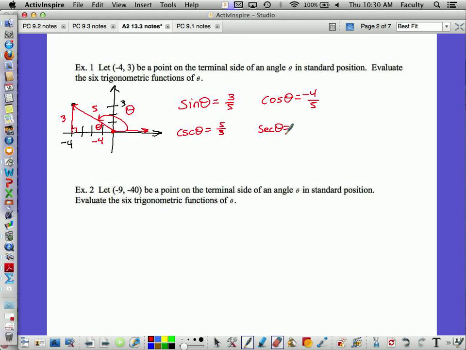Now, initially that would be 5 over negative 4, but we put the negative in the numerator in a fraction. And then tangent theta is TOA, so it's 3 over negative 4, and we'll put the negative in the numerator. And then cotangent is 4 over negative 3, and we'll just pop the negative in the numerator. So we keep it as a negative 4 even though it's 4 units?